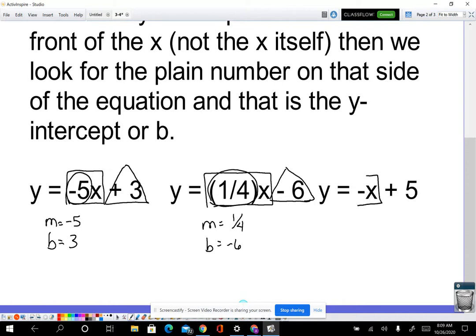How many x's do we have here? We just have 1, so that's that implied 1. So m equals -1 because we have that negative sign there. And the plain number on that side with the x is 5. So we can look at these equations and quickly identify what the slope is and what the y-intercept is.